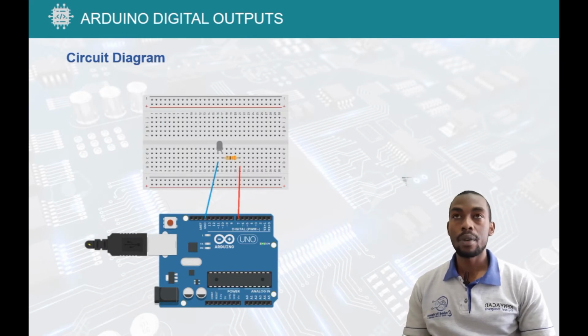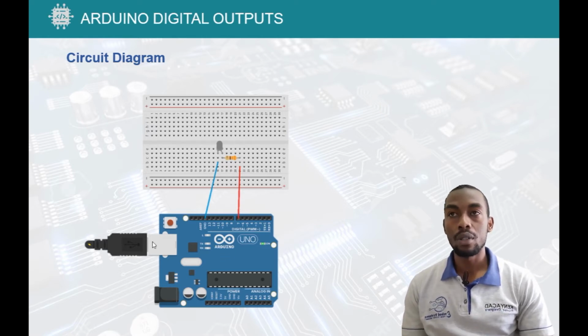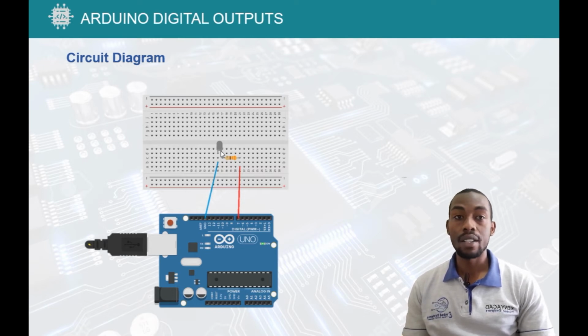So in our practical exercise, this is the circuit we shall be developing on our breadboard. So you need a breadboard, you need an Arduino, you need a USB cable for the Arduino, you need an LED of any color, white, red, green, blue, any of the ones that you can find. And then we need a resistor, that is a 330 ohms resistor.